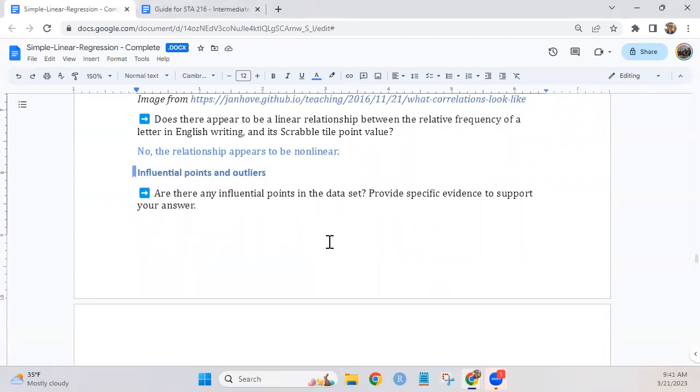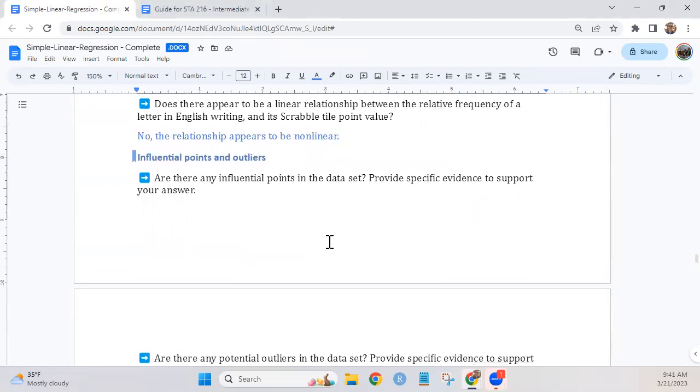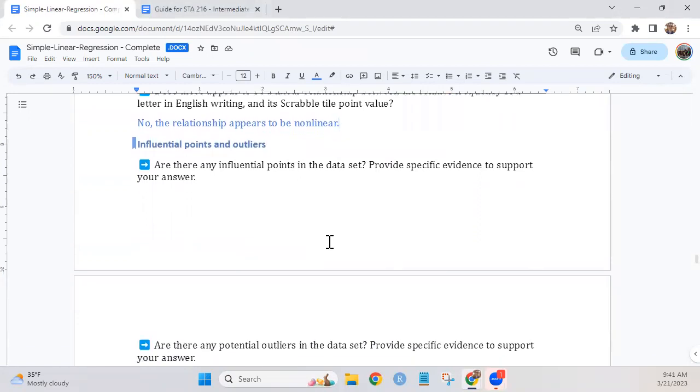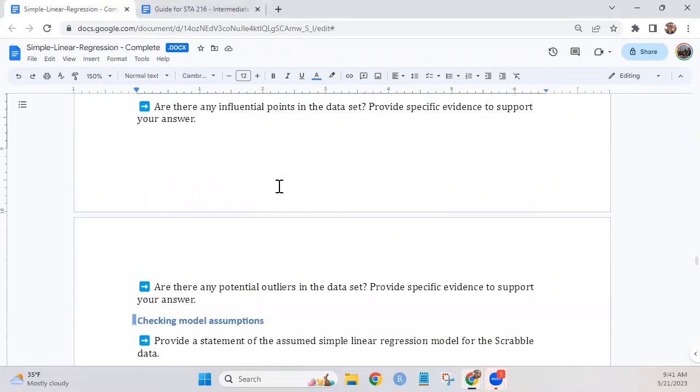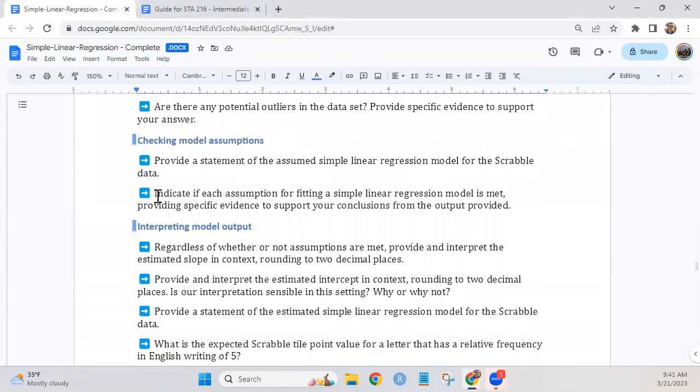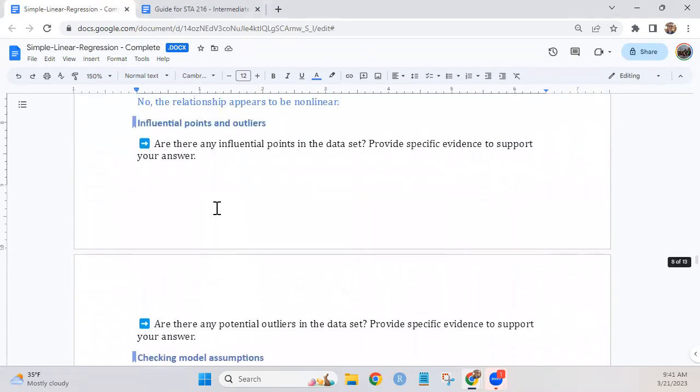So that already violates one assumption. So unfortunately, p-values and confidence intervals associated with the regression model are now not valid. Okay. We'll still go through and check the assumptions later just for practice.